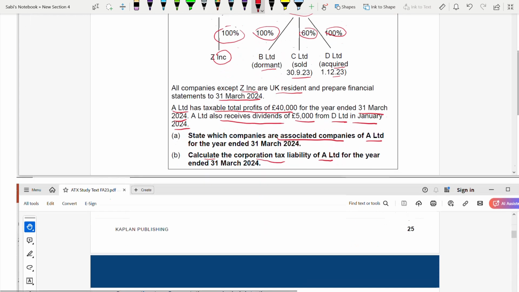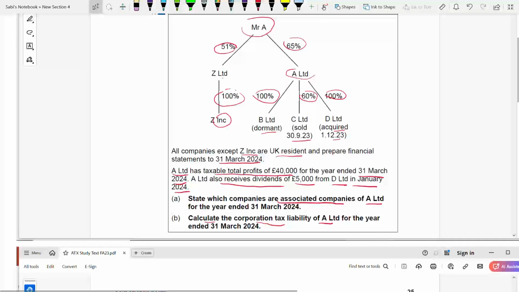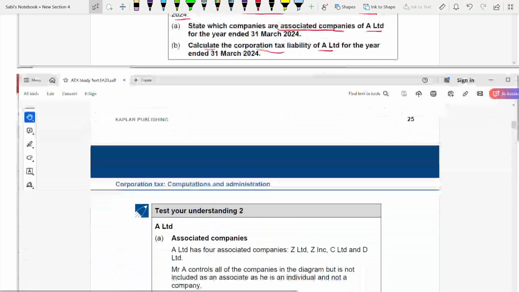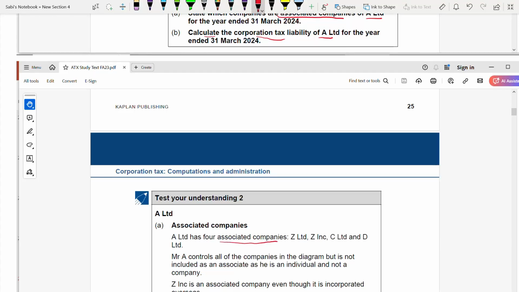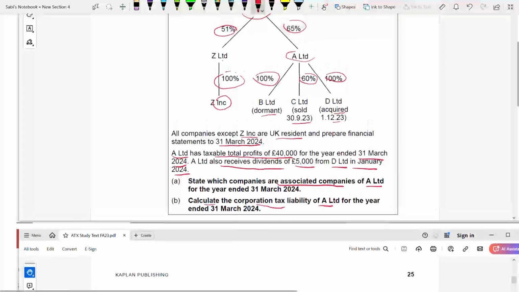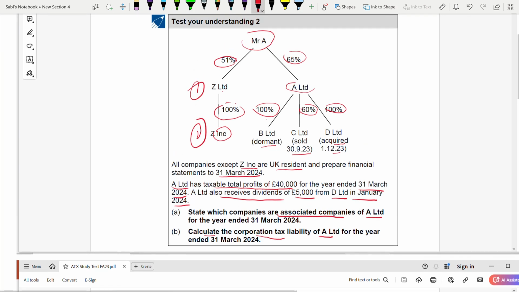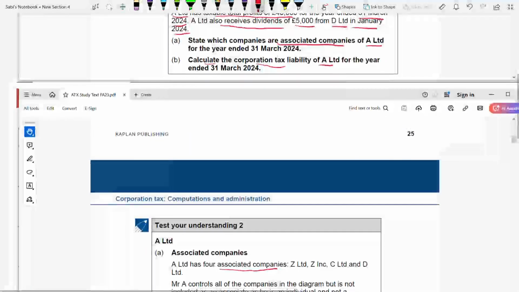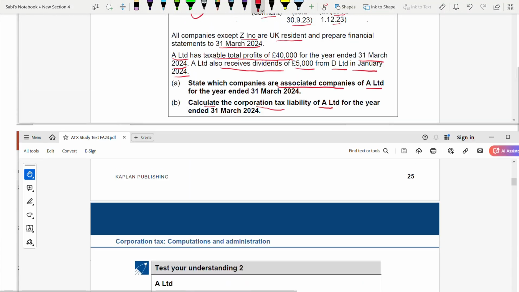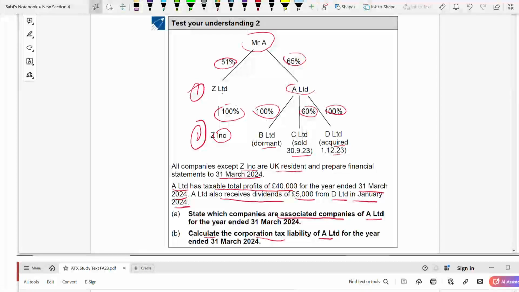Okay, so first we'll see the connection of A. A has 4 associated companies. What are they? Z Limited, Z Inc., C and D Limited. 1, 2, 3 and 4. What about A Limited?